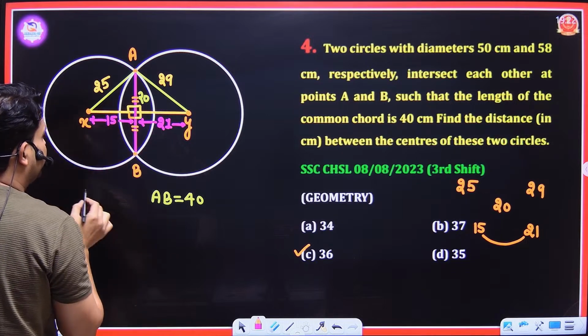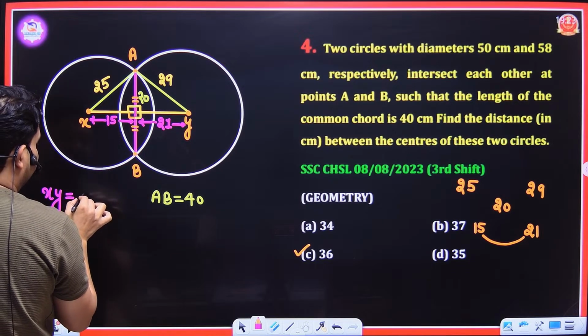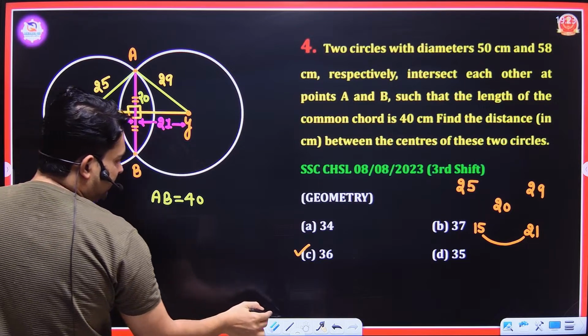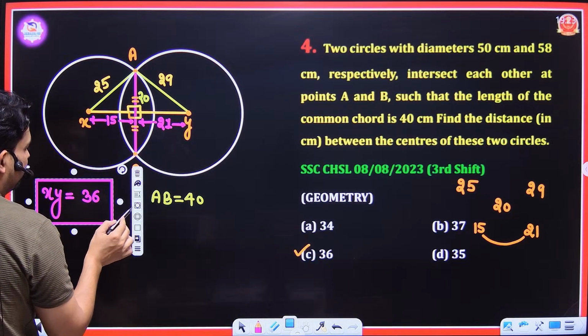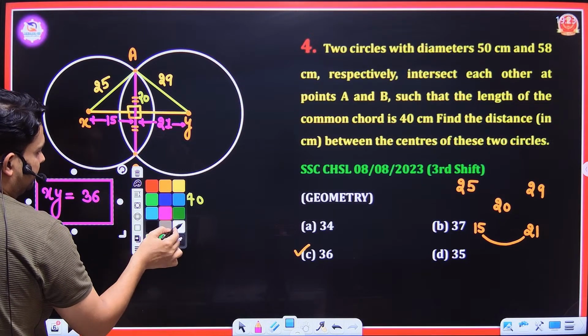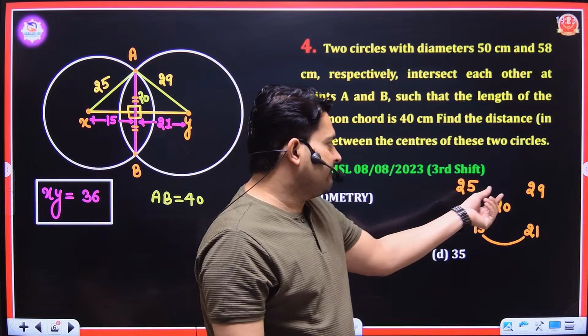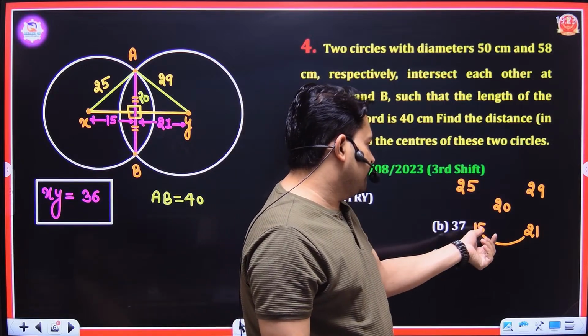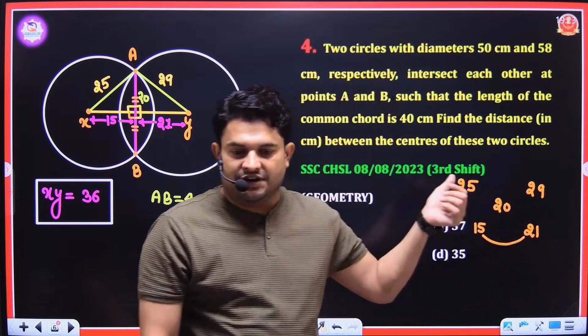So 15 plus 21, XY is the distance between the centers, that will be 15 plus 21, that is 36. But in your exam, if you know this concept, then you need not draw this diagram. You will keep in your mind the 25, 29, 20 triplets, you will make a triplet here, you will make a triplet here, and you will get your answer within a fraction of seconds.